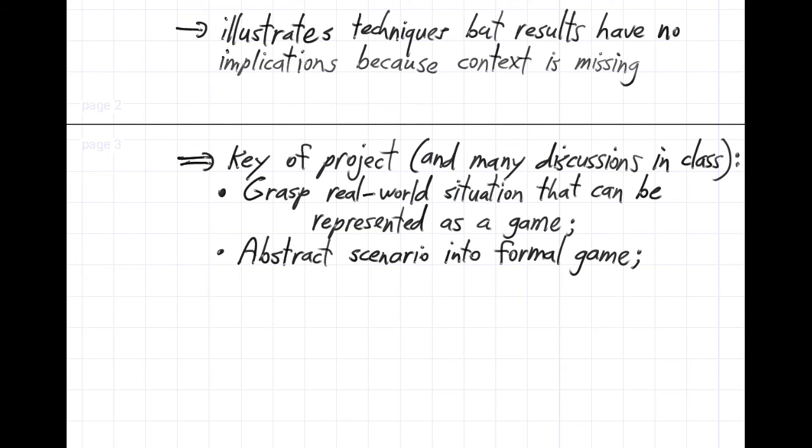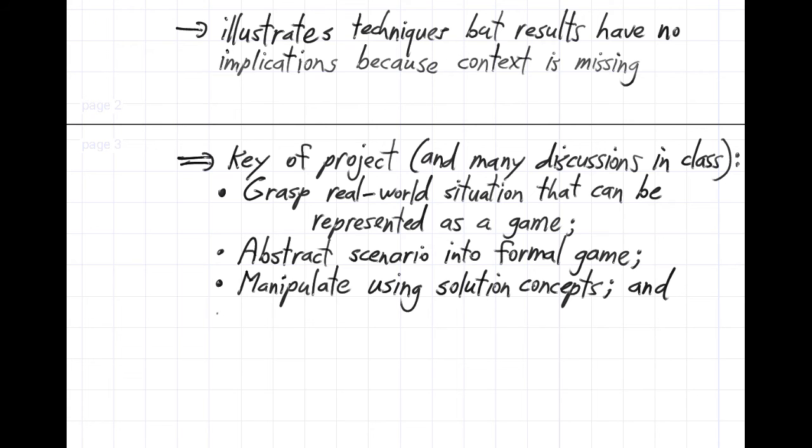And that brings us to the third step. That will be to manipulate the game using solution concepts that you've learned in class to arrive at some novel results. And finally, an important step will be to turn that around and explain some implications for that original real-world scenario.